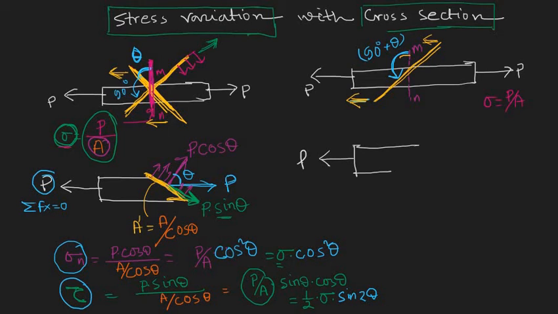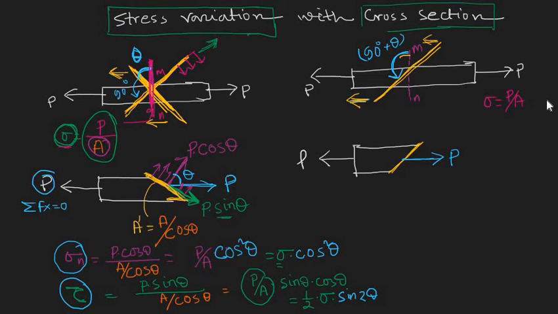This is the section, this is the plane under consideration. So the first step is we have to find out again the resultant internal force, that is P. And again just take the components here.